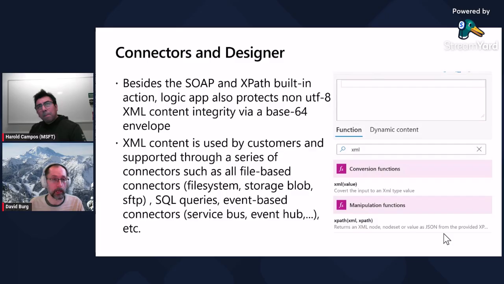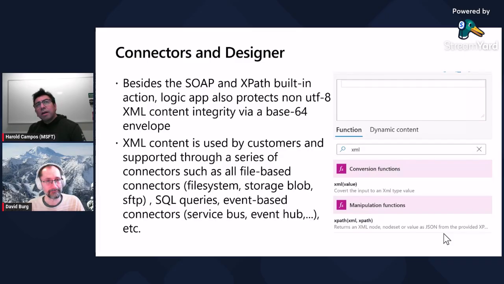So especially when you have integration like in Japan with a Japanese code page, you may not want to change your content to turn it into UTF-8, and you want to protect that. We have the content envelope that underneath the covers will basically encode the content and has a MIME header to say, hey, here's how I'm encoding this, so that you can still manipulate it, but not corrupt the content. That is fantastic.